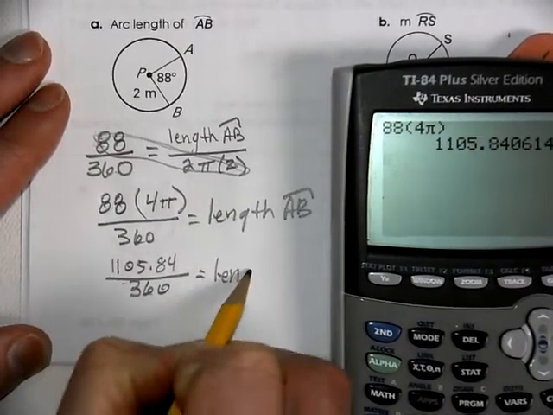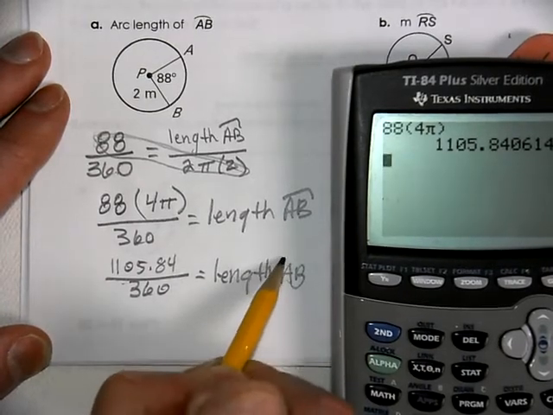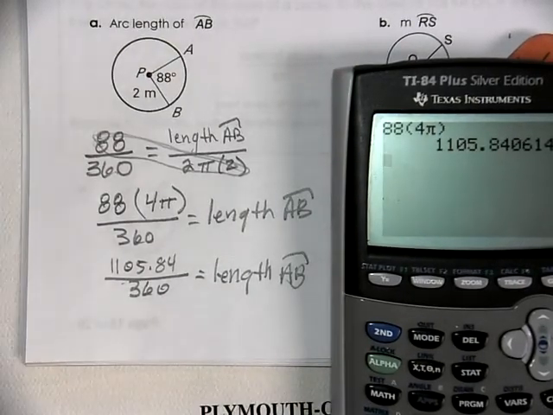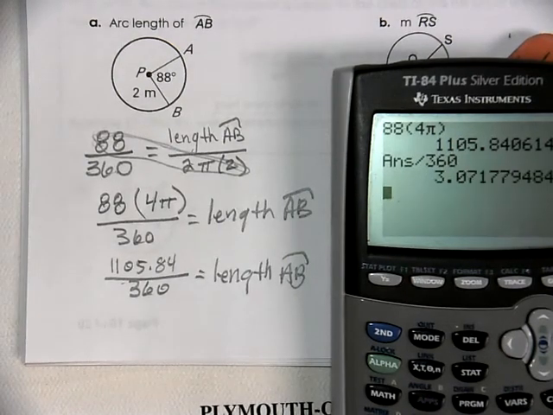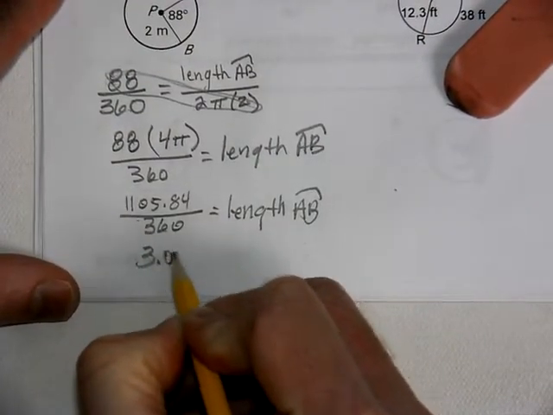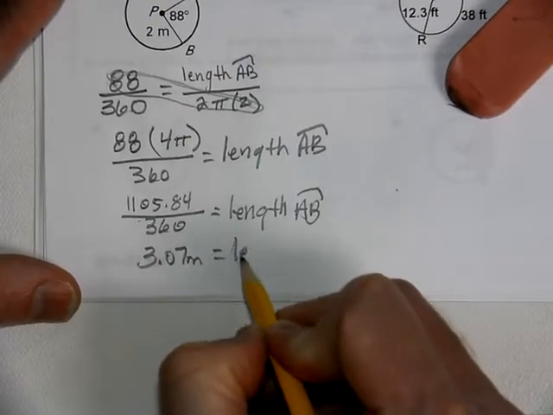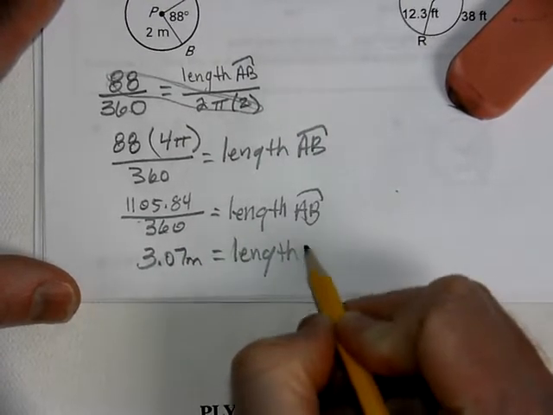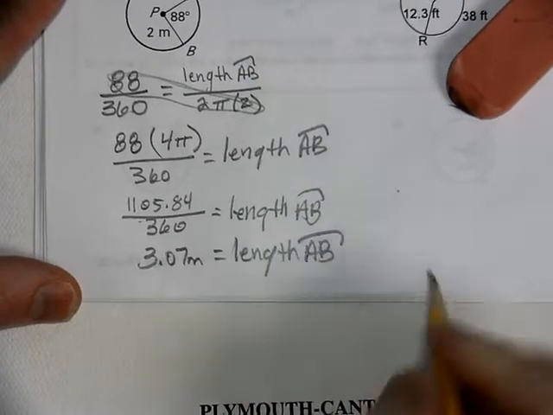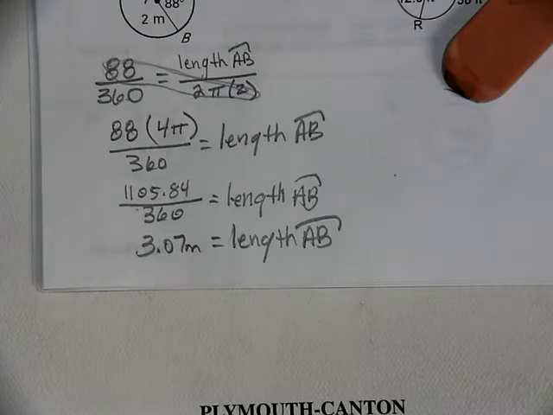This is going to be the length of arc AB. So when we divide this by 360, we get 3.07. These are meters. This is the length of arc AB. This is different than the measure of arc AB.